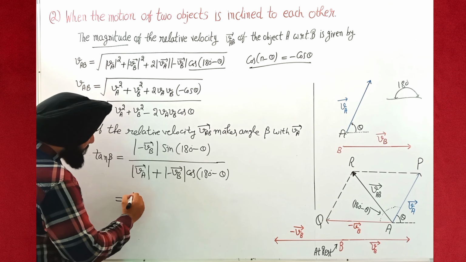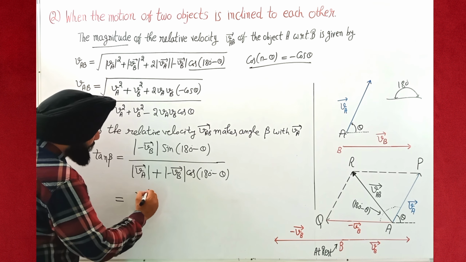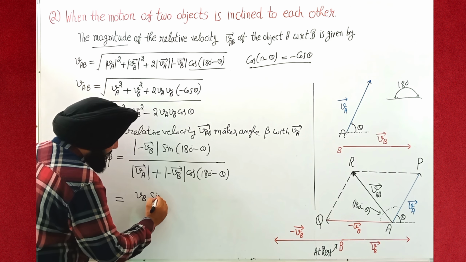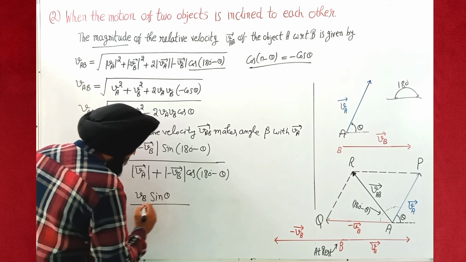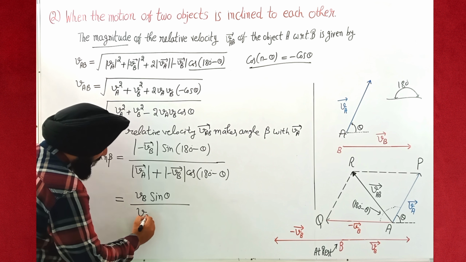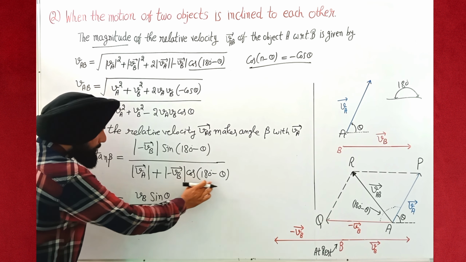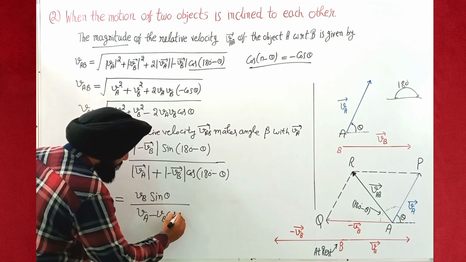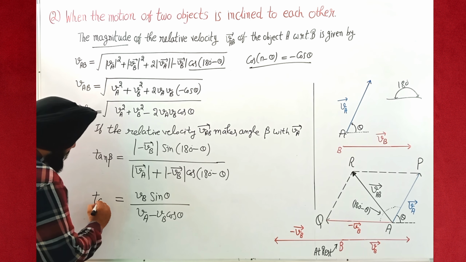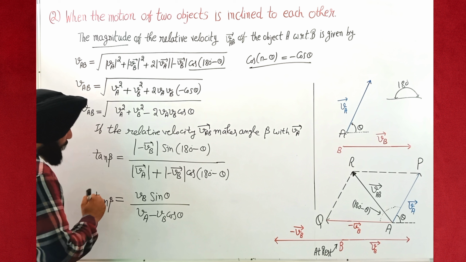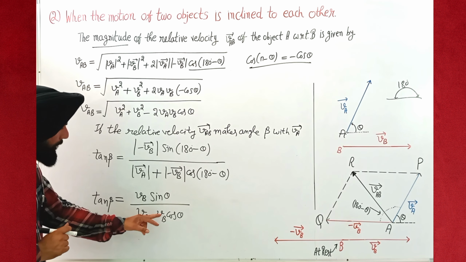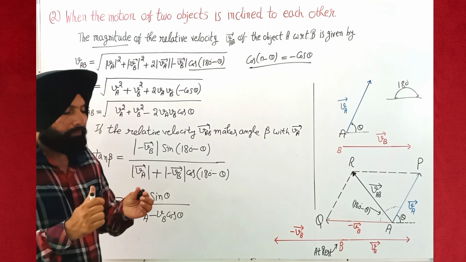So this becomes V_B in magnitude sine 180 minus theta, which is sine theta, over V_A. This is positive, this becomes negative, minus V_B cos theta. So tan beta equals V_B sine theta over V_A minus V_B cos theta.